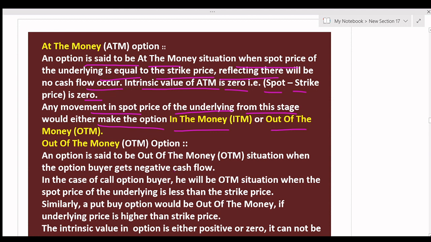And if the market moves downwards, then the call buyer will be in the out of the money position and the put buyer will be in the money, ITM, position.